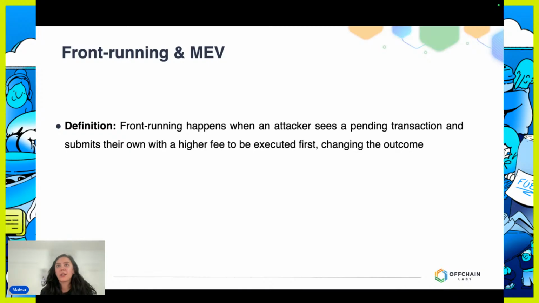Sometimes they can even flood the network with a lot of high gas transactions and basically censor your transaction. Let's say you have a time-sensitive transaction that you want to send; they can basically not let you do that, and that would change the outcome in a way that they want.